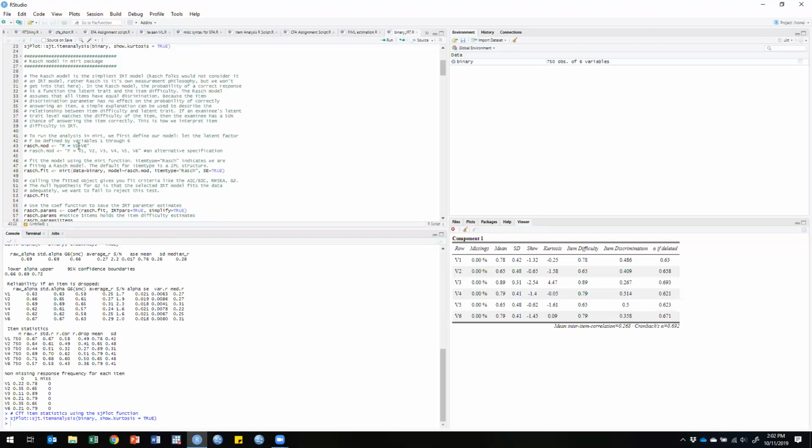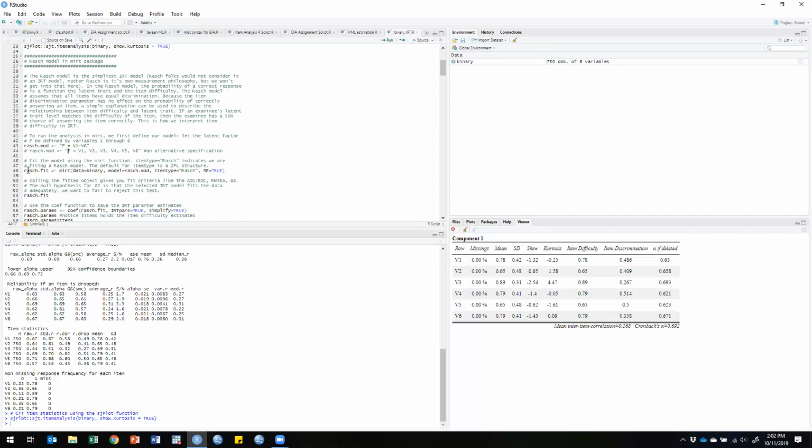If we're going to use all of them, we can use a little dash. If you're going to use specific items, you can put commas between them here. So, latent factor F. And we could name this anything we want. This is similar to how we declared our model in the CFA. The same thing is going on here.